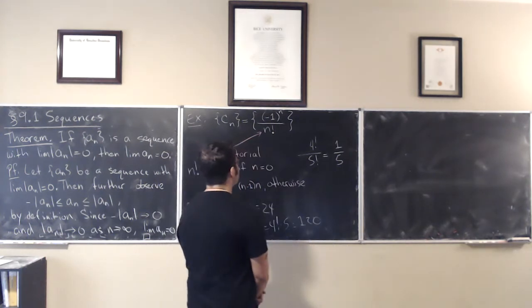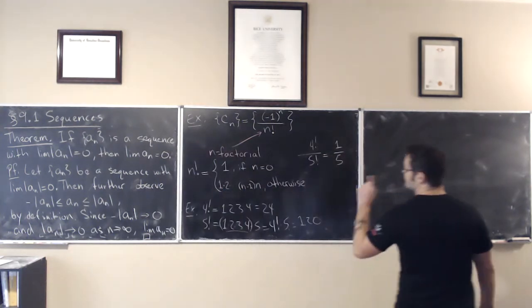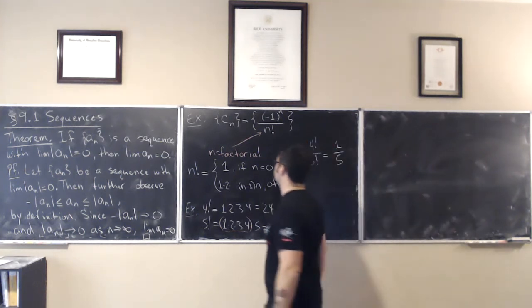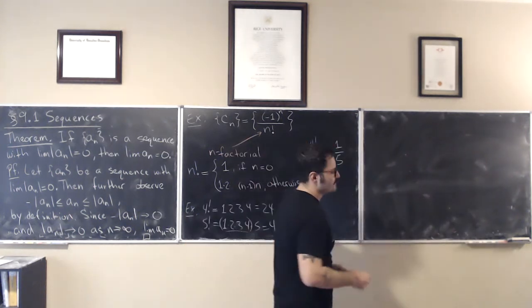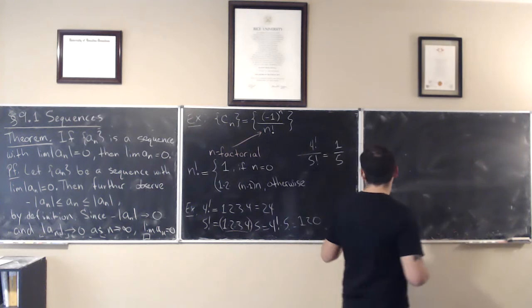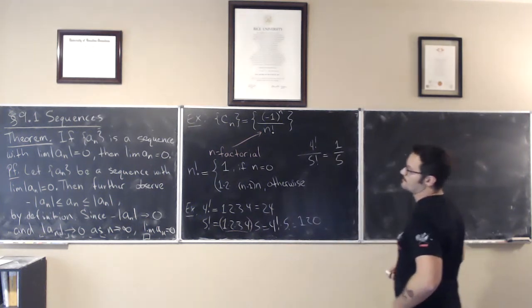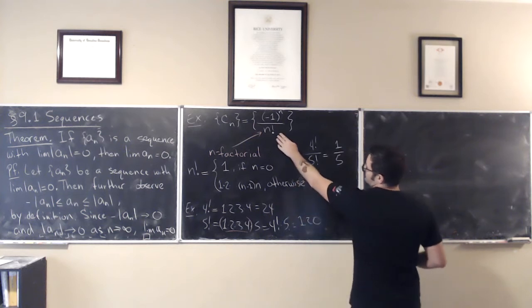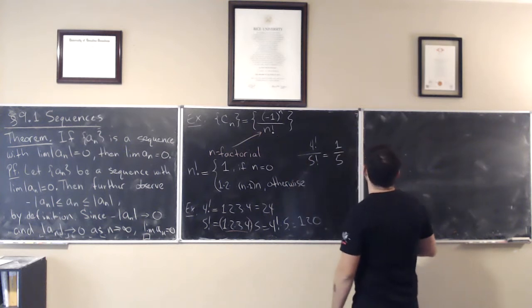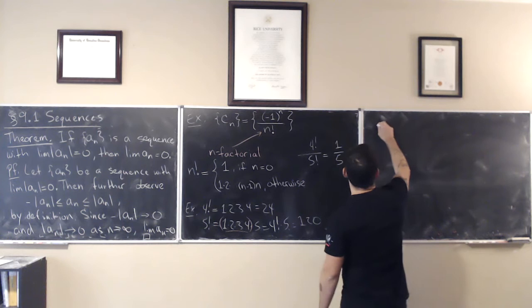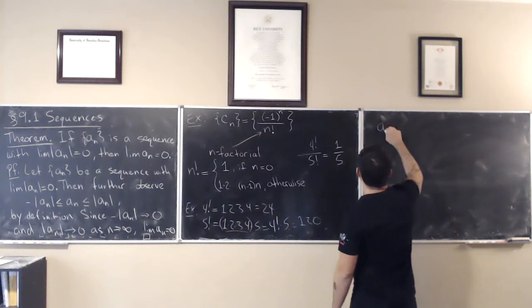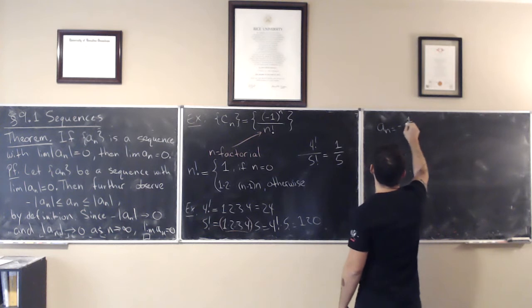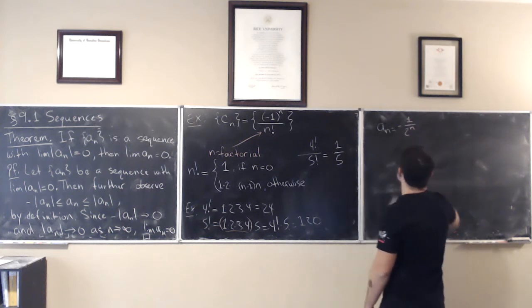So maybe, I do know that exponentials grow faster than factorials. I know that through this experience, but maybe we can use something like 2 to the power n, right? Let's compare this to, say, a_n equals negative 1 over 2 to the power n.